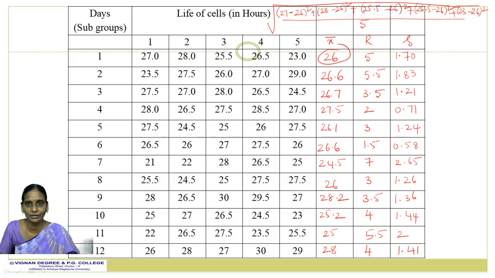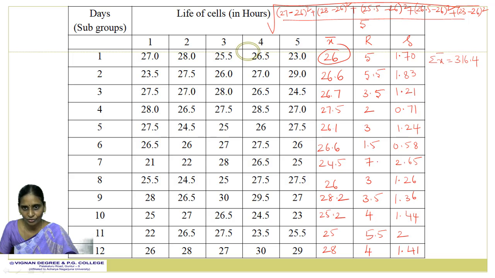Here we have to find out the total values for the columns X bar, R, S. Summation X bar, the total of the X bar column, is 316.4.